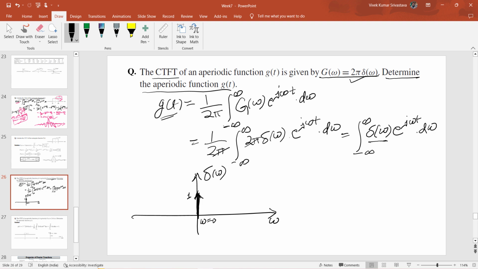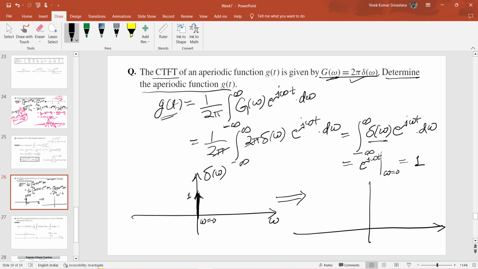So you can put omega as 0 here. If you put omega as 0 in the function e raised to the power j omega t, you will get 1. It means that if you consider an impulse in the frequency domain, the corresponding time domain signal is 1, a DC signal.